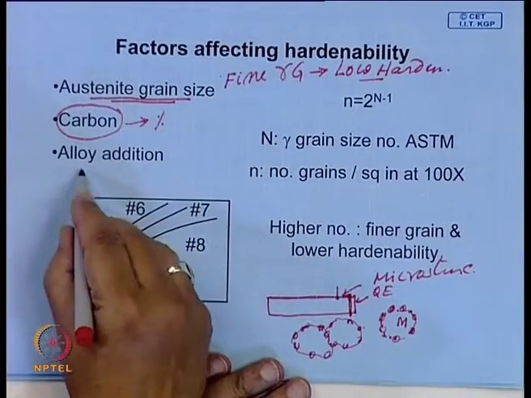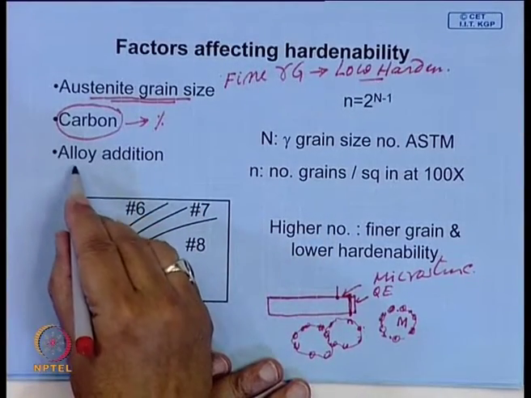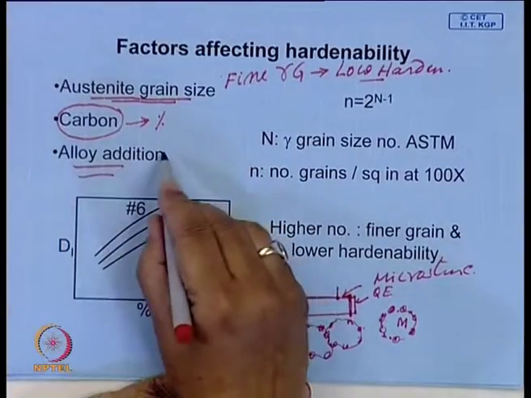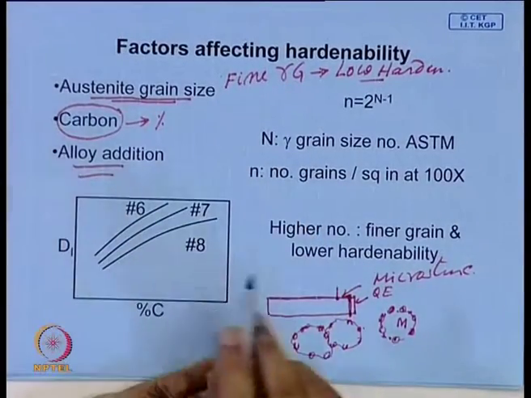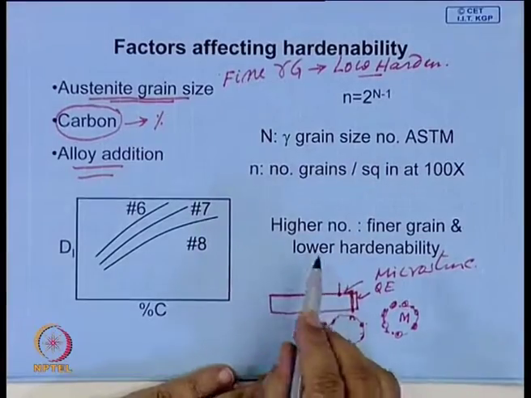So, therefore, you will be able to get a full martensitic structure with a much slower cooling. Later on we will also see that addition of other alloying elements also affects hardenability.